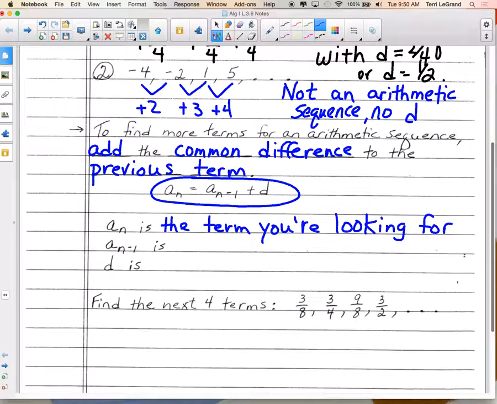Well then, what is a sub n minus 1? What's that, Devin? It's the term you're looking for minus 1, which would make it the previous term. And D is the common difference.